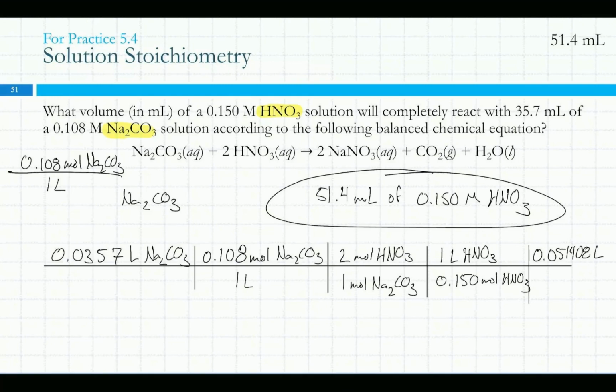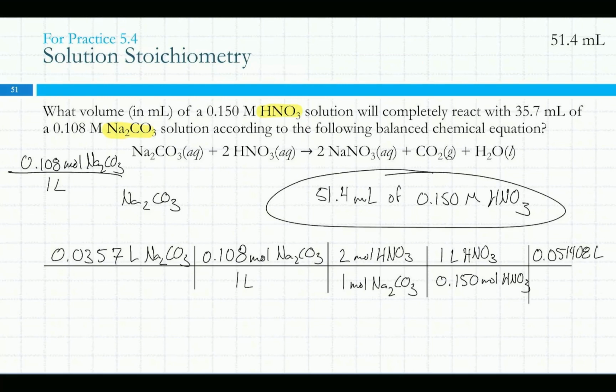So I could have started with 35.7 milliliters, put that at the beginning, and it'll come out as milliliters at the end, because all of the other units will cancel by the time I get there. So the only unit that'll be left is whatever I started with. Now it has to be a unit of volume. I was just thinking, could it be ounces or gallons or something random? I think it could.